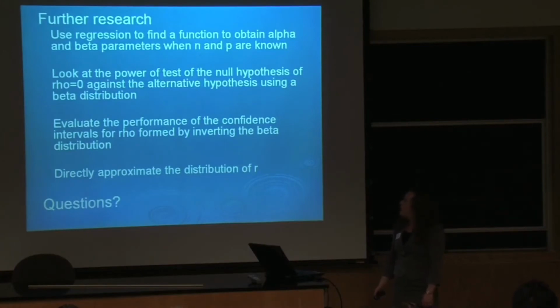We can also look at the power of the test of the null hypothesis of rho equals 1 against the alternative hypothesis of rho not equal to 1 using the beta distribution. We could evaluate the confidence intervals for rho formed by inverting the beta distribution. And finally, instead of using the absolute value of R, we could directly approximate the distribution of R instead.